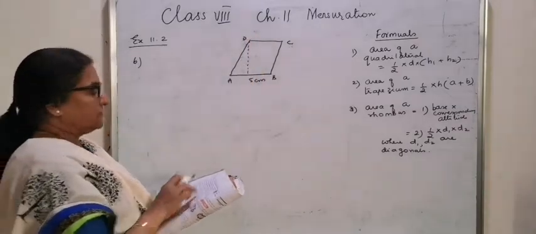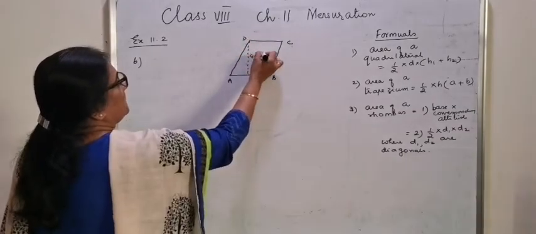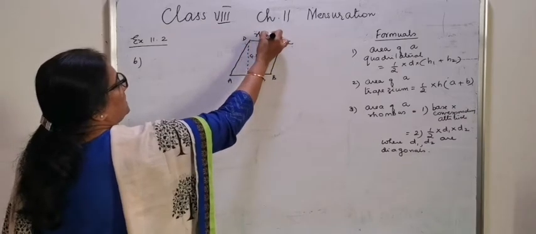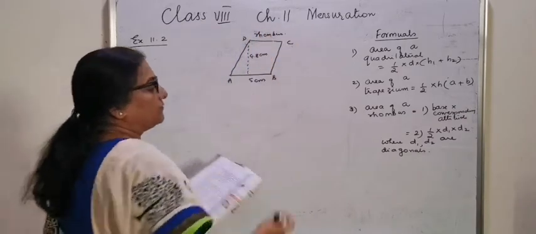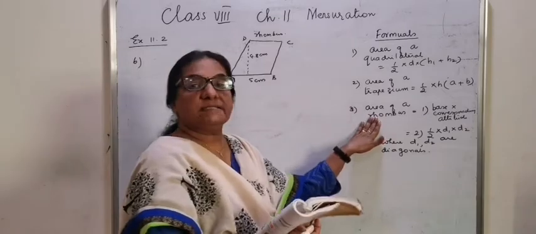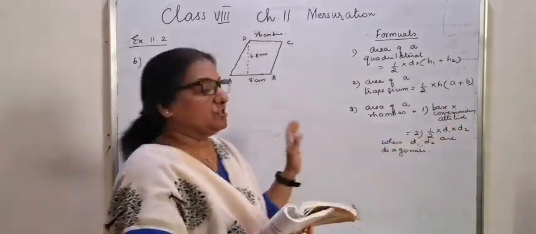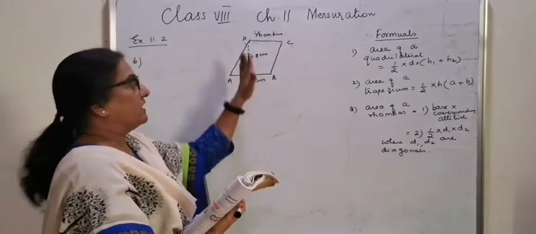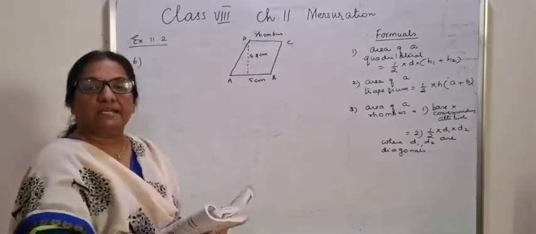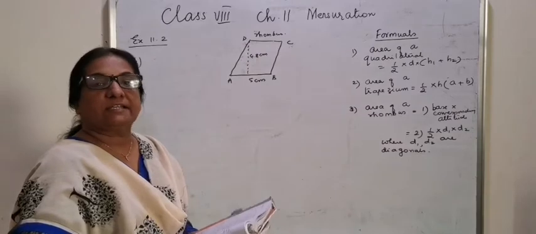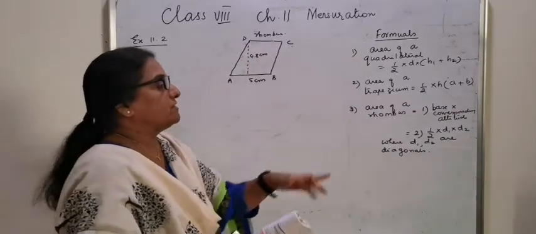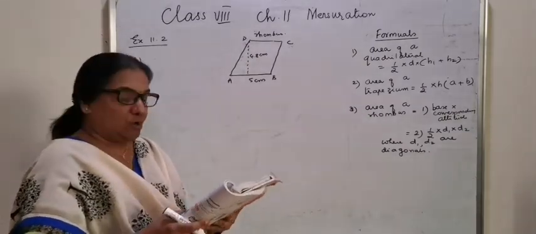It is a rhombus. What's the first formula to find the area of a rhombus? It is like the area of any parallelogram, base into corresponding altitude. Base is given as 5 and the corresponding altitude is 4.8. Immediately you can find the area of the rhombus by the first formula, base into corresponding altitude.